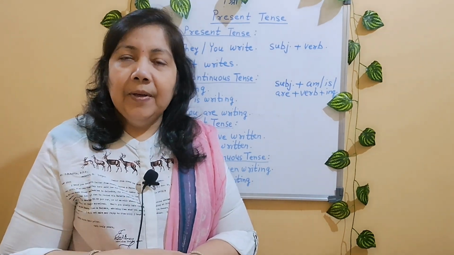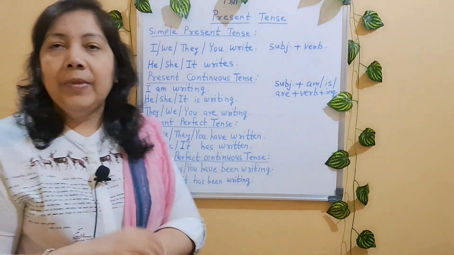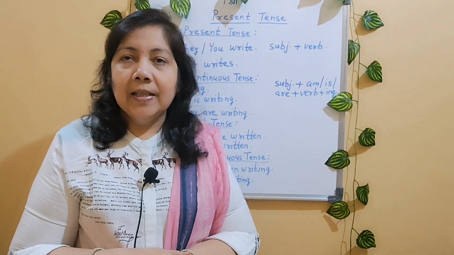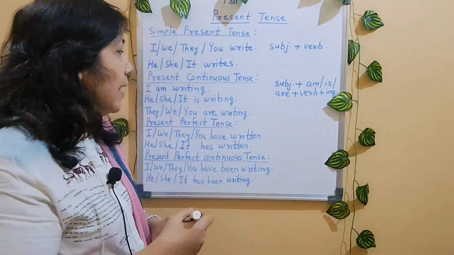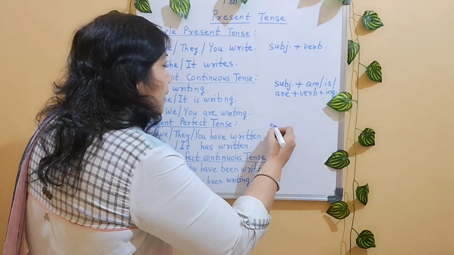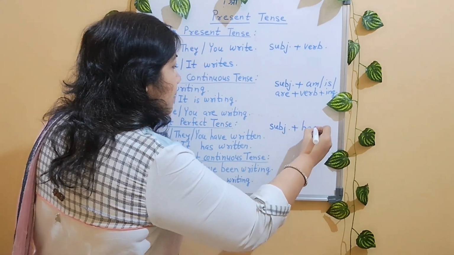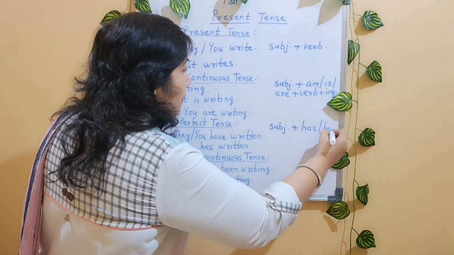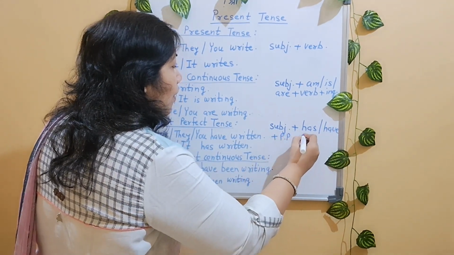Now the next type, third type is present perfect tense. Present perfect tense. And for present perfect tense, the structure is subject comes always the first, plus has or have, plus pp of verb.